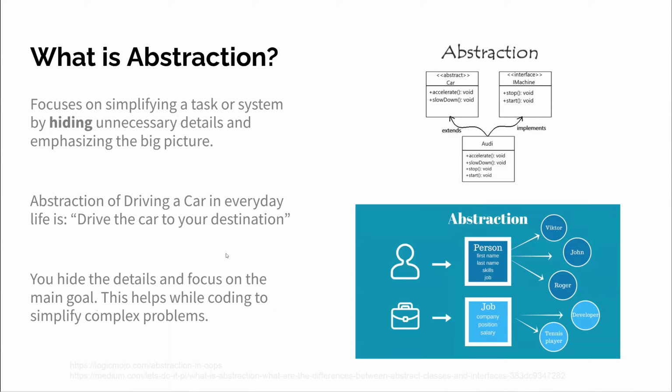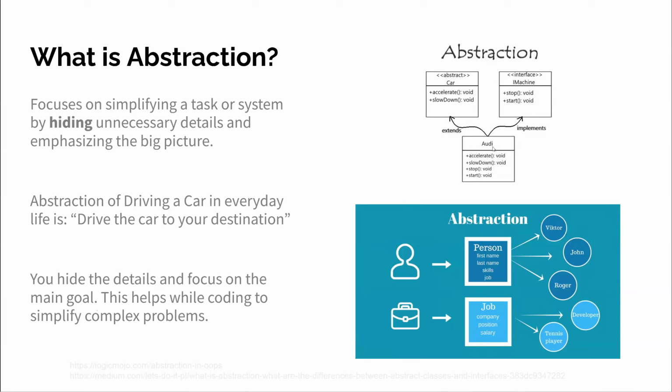For instance, here we have an example of Audi. We have a car from the Audi brand, and we need to build a database, for instance, to store multiple Audi cars that we have.